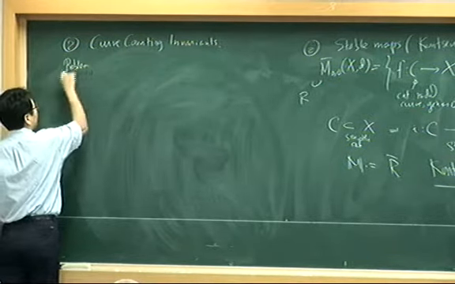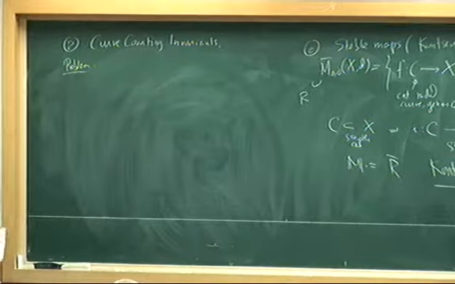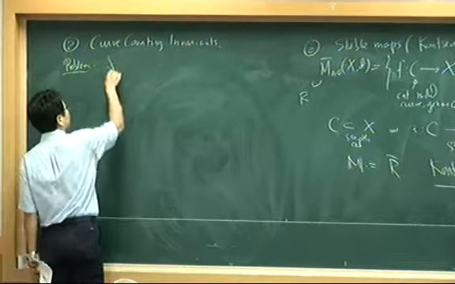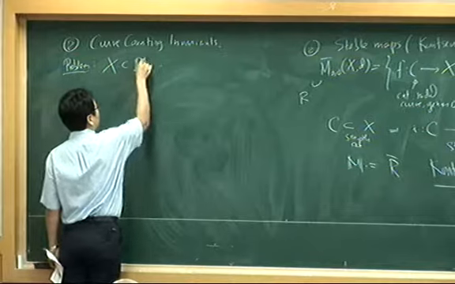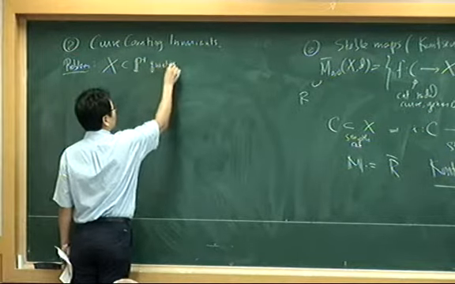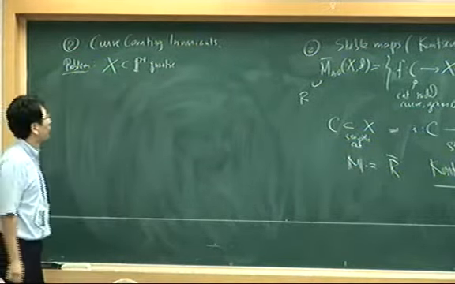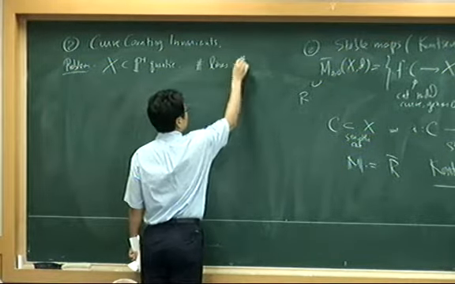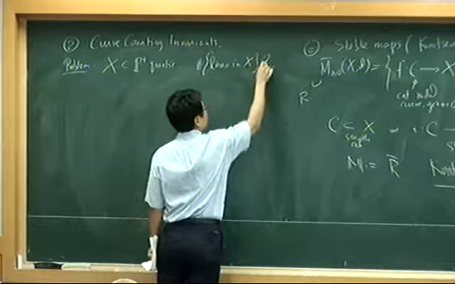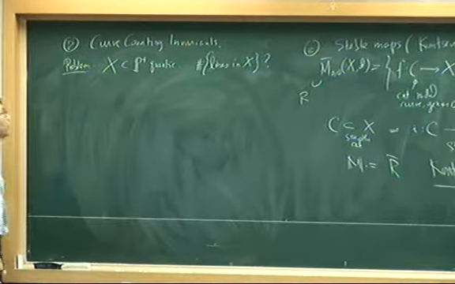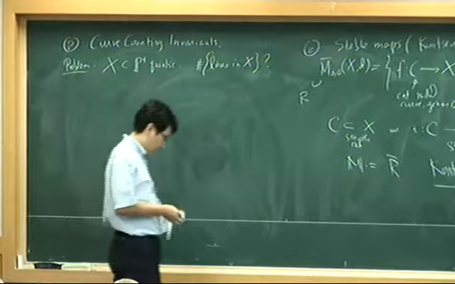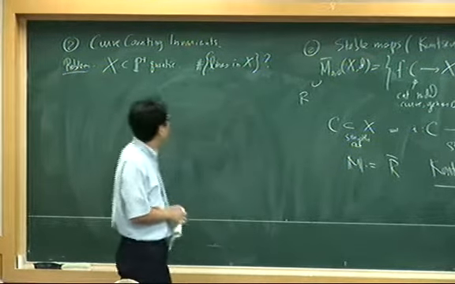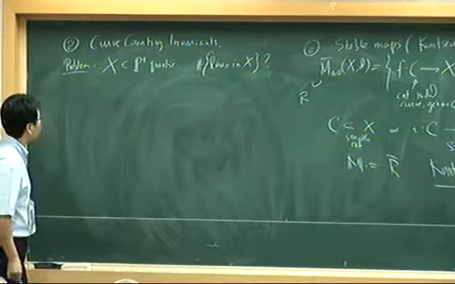Let me start with a very classical problem. Suppose X is a quintic threefold in P4. The classical problem is to find the number of lines in X. It is a problem of the 19th century. It was solved a long time ago, but it is a very good model for all enumerative invariants.